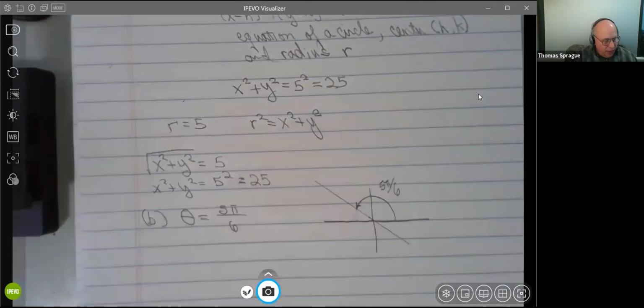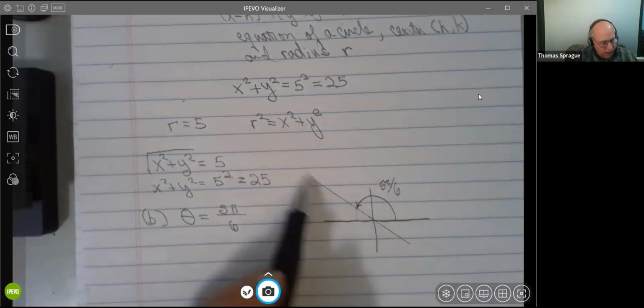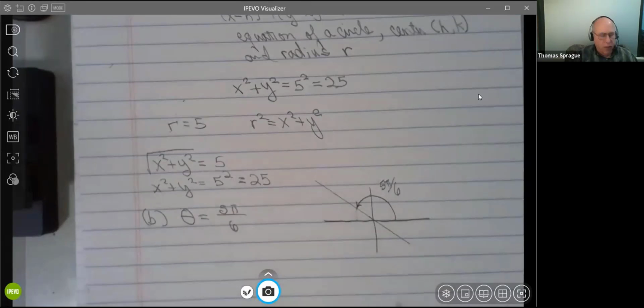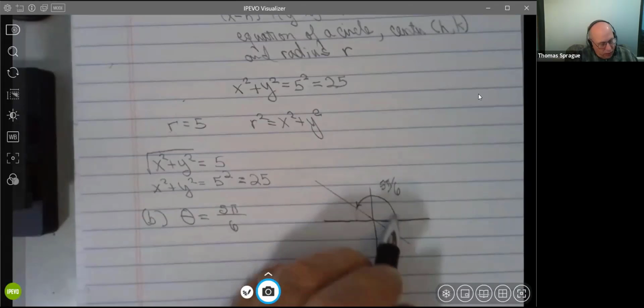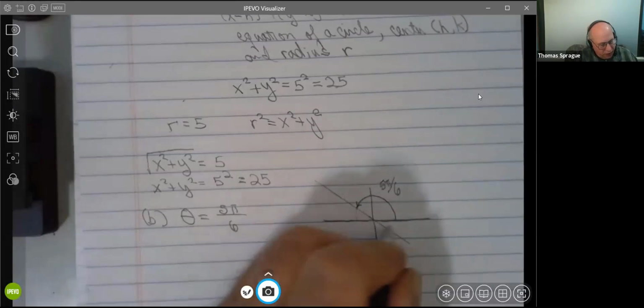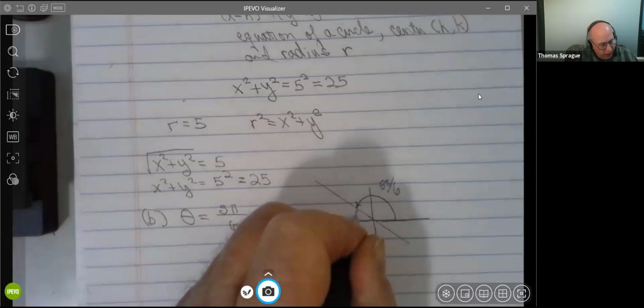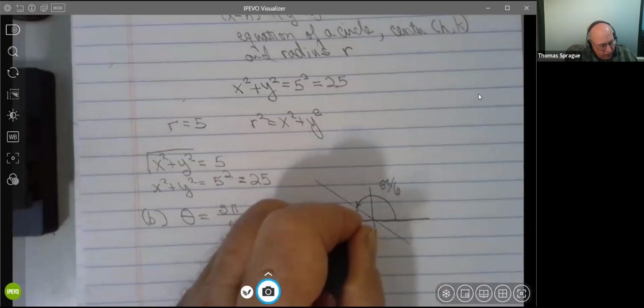Okay, so 5 pi over 6 is like that. And it says nothing about the radius, so it's all these points along this line. Now, here's what I would do. All the way around is 2 pi, halfway is pi. So if this is 5 pi over 6, this part in here is 1 pi over 6, which is the same as 30 degrees.